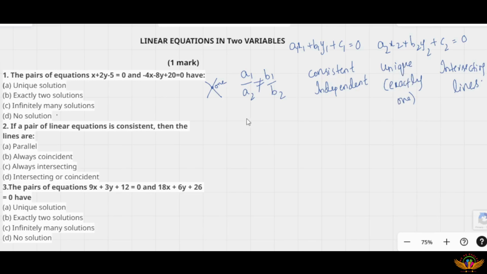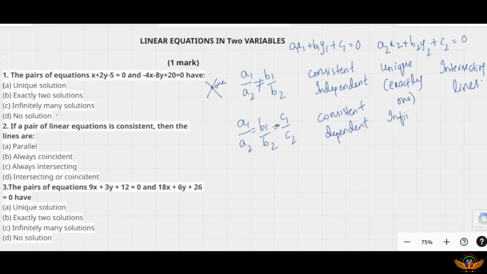If a1 by a2 is equal to b1 by b2 is equal to c1 by c2, then it has dependent solutions, so many solutions will come.